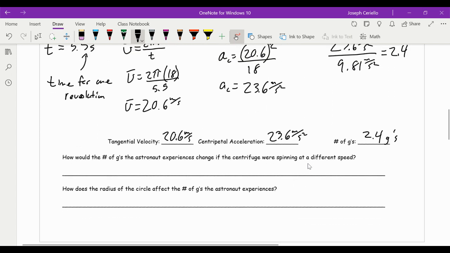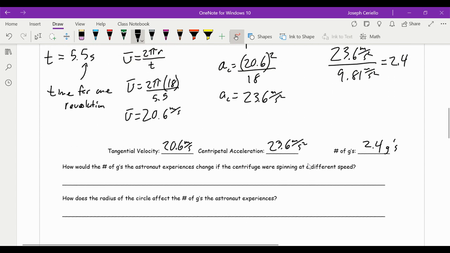So how would the number of G's change if the centrifuge were spinning at a different speed? Well, we know that if the speed went higher, the number of G's would go up, right? Because the centripetal acceleration would go up. So v goes up, a_c goes up, therefore G's go up. How does the radius affect it?